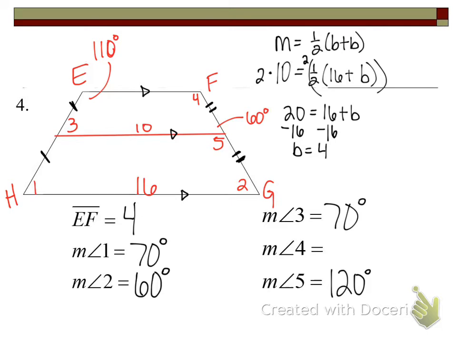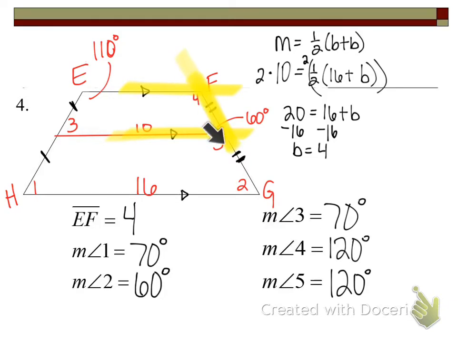Anybody have any thoughts about what angle 4 is going to be then? 120. So if we pick two bases to look at, we could look at these two bases with our transversal on the side. 4 and 5 are corresponding angles. So that means angle 4 has to be 120 as well.